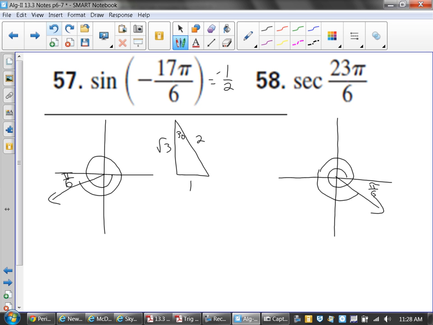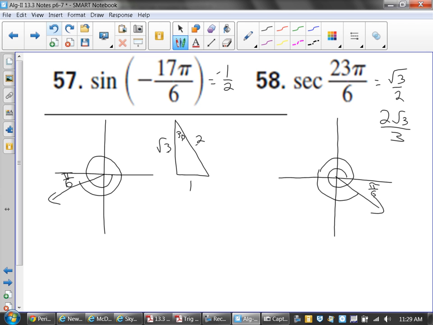All right. Now in this case again, we're in the 4th quadrant. Is cosine positive or negative? Cosine will be positive. So the cosine of pi over 6 is √3 over 2. But now what do I have to do? Flip it. So this becomes 2√3 over 3.